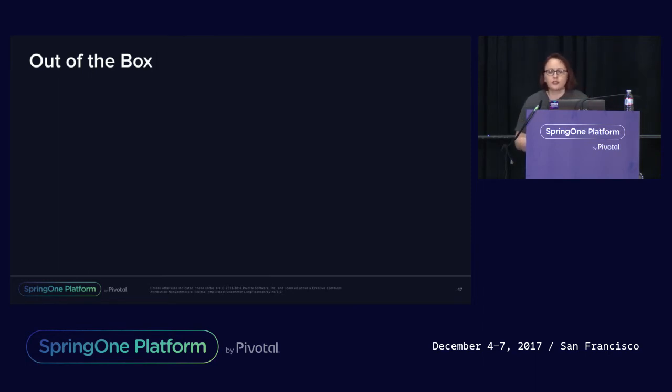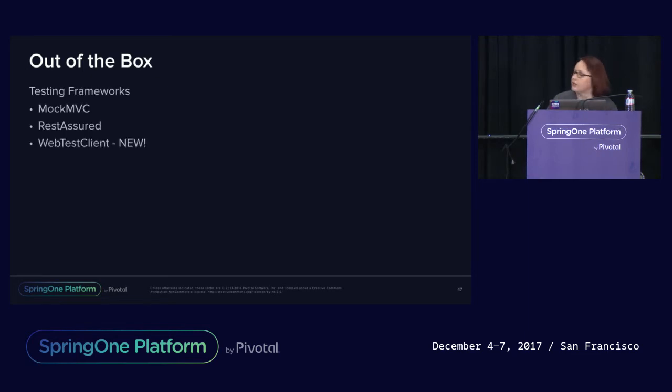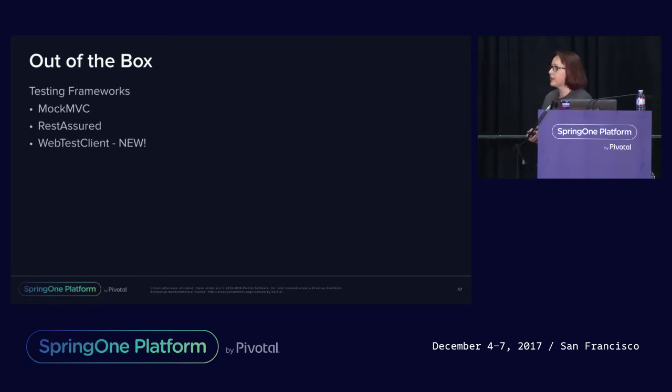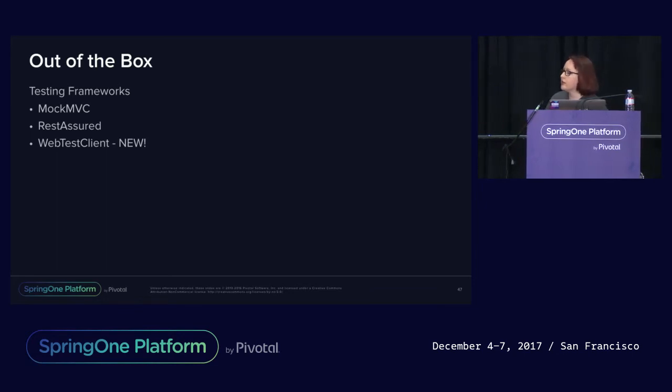But that's just the generics. So out of the box, and I guess it's time for a little history too. This has been a project for at least 2 years now. When I started, I was right on the edge between when there was only MockMvc and when a newer testing framework called Rest Assured was added. MockMvc is really great for its integration with Spring and Spring Boot and everything, but Grails and Ratpack are these other frameworks that you can't really use it with because it doesn't integrate well.